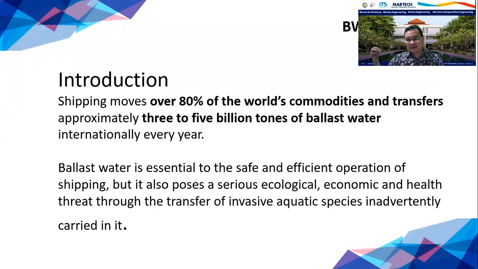Shipping moves over 80% of the world's commodities and transfers approximately 3 to 5 billion tons of ballast water internationally every year. So it's quite a big size of ballast water.